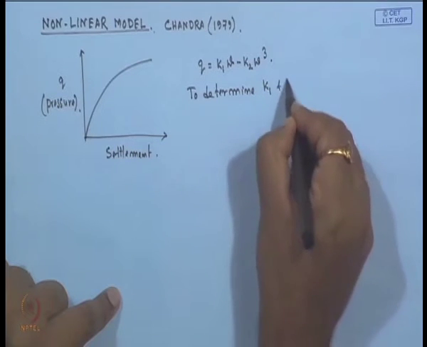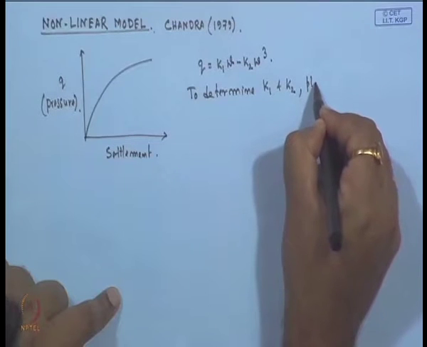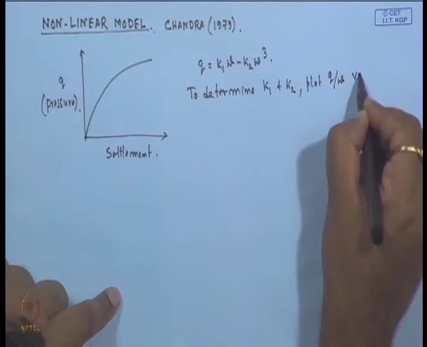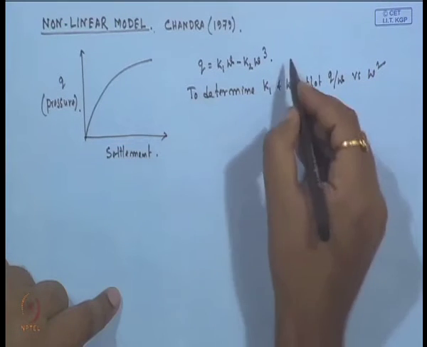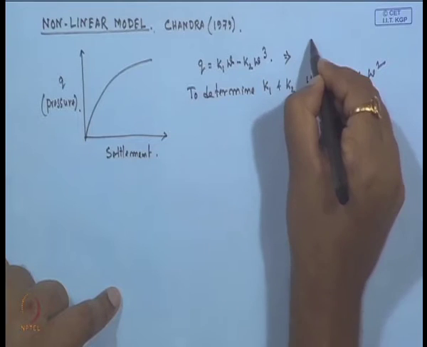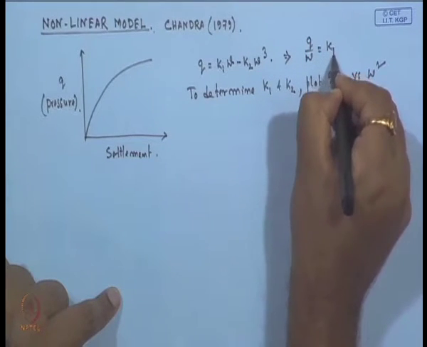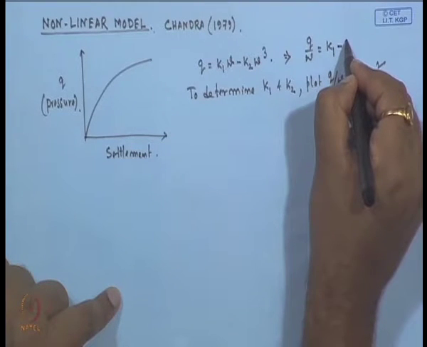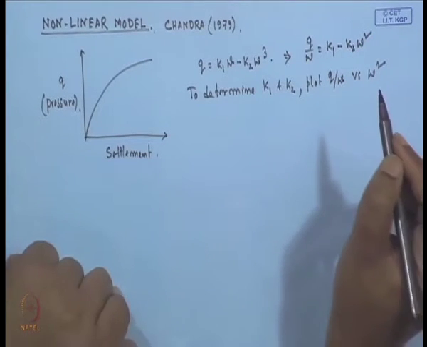we have to plot Q by W versus W square. So, now Q by W will be K 1 minus K 2 W square.